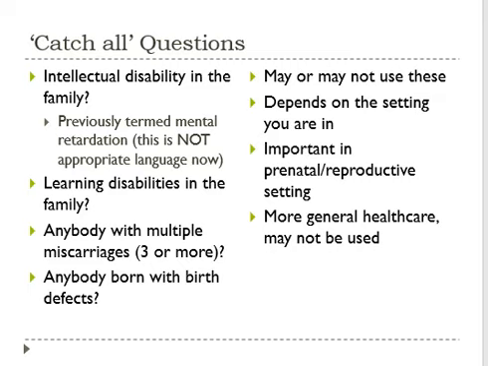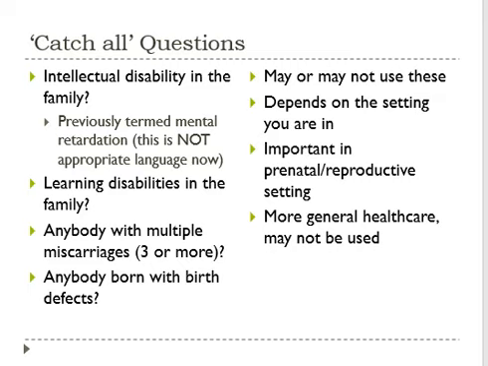Intellectual disability in the family. Is there anyone with learning disabilities? Anyone in the family with 3 or more pregnancy losses? Pregnancy losses are common; about 50% of all pregnancies are lost. But when a couple is having 3 or more pregnancy losses, it is a concerning factor toward whether there's a reason for that.